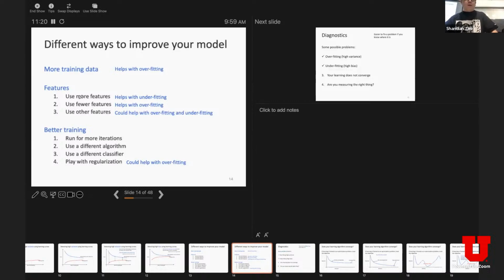We can use more features to increase the model complexity. Or we can construct other features to better capture the relationship between the input and output. Or we might use a different classifier. Right now we use a linear classifier, but maybe it's too simple. Now let us use a kernel method, or maybe we use neural networks.